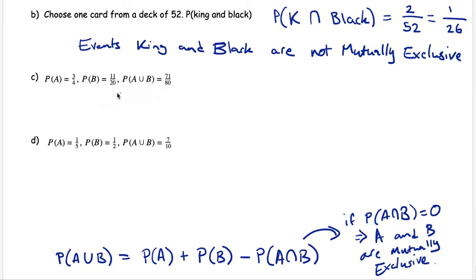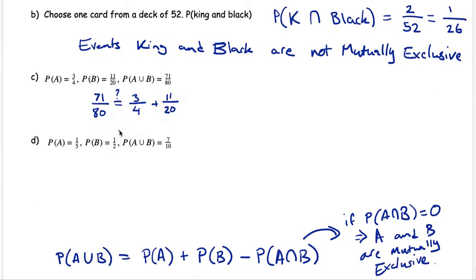So we can apply this to the formula here. To find out, the probability of A union B is 71/80. Is that equal to the probability of A, which is 3/4, plus the probability of B, which is 11/20?